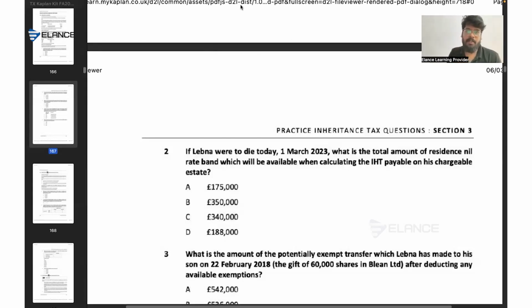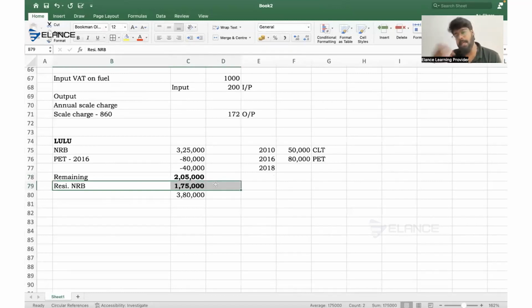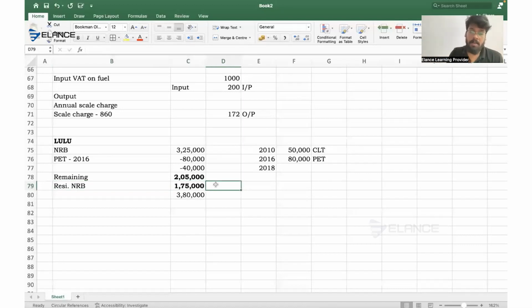Okay, yes, good. We already mentioned that the unused nil rate band of Lulu can be transferred to Lebna, because it is completely unused. And Lebna can use his nil rate band of 175,000 plus his wife's nil rate band of 175,000.